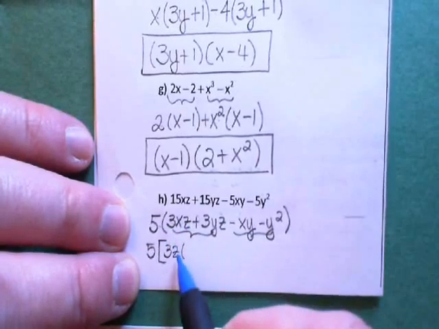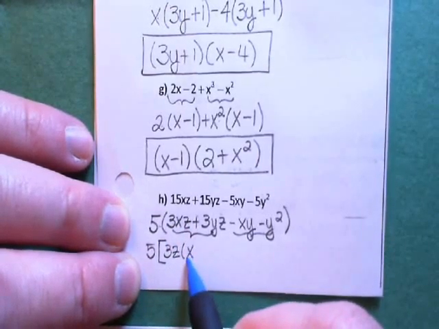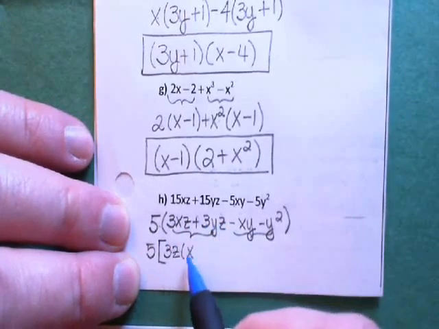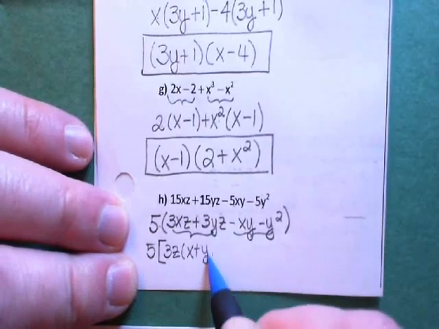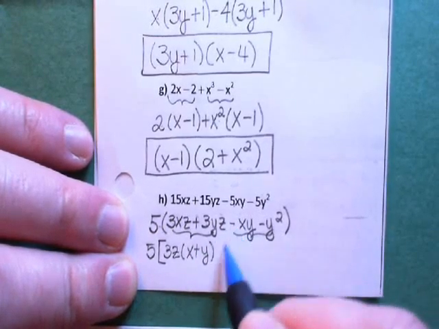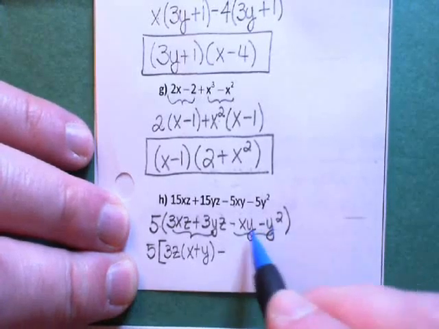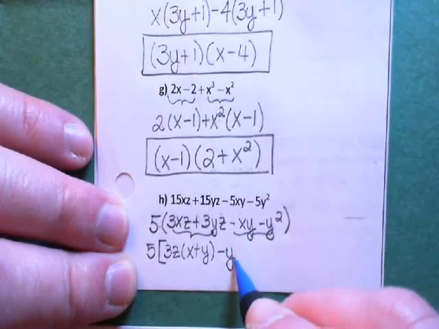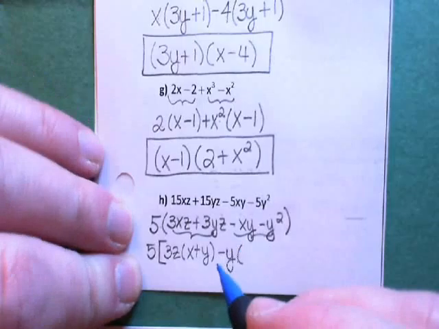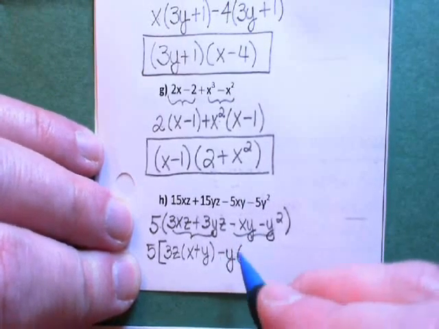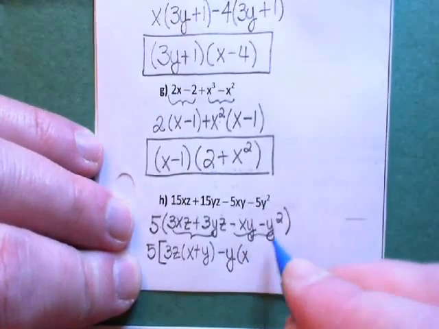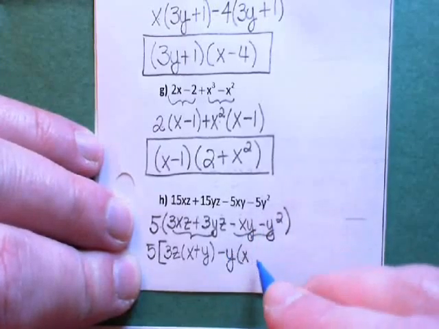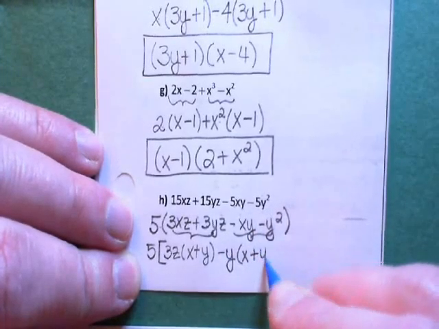So 3xz divided by 3z will be x. 3yz divided by 3z will be y. Bring down the negative. What can I factor from these two? I can factor out a y. So negative xy divided by negative y is x. Negative y squared divided by negative y becomes positive y.